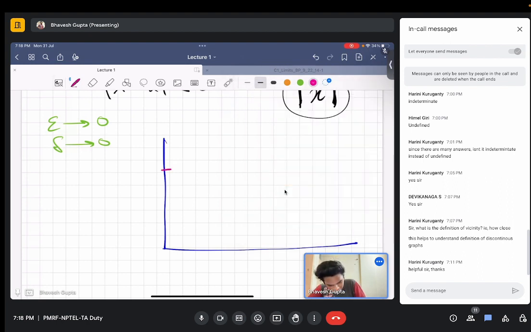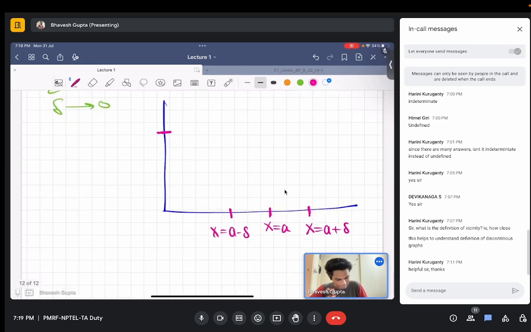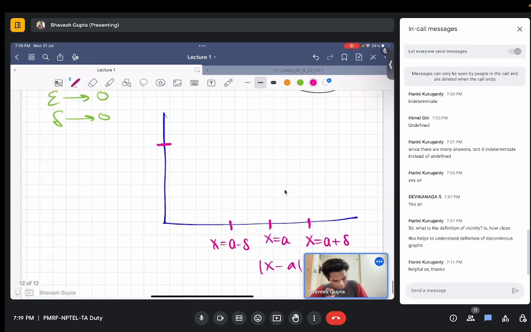Okay, so let's say this is your actual x equal to a, and this will be your x equal to a plus delta. This will be x equal to a minus delta. So the thing which I have written on the x-axis is basically what this tells you. Hopefully you understand this idea. Basically, I have created a small interval around the point which I am interested to study.